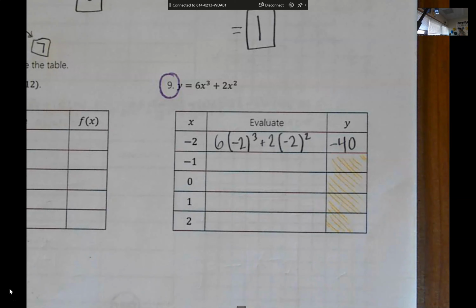Do we need like a minute? Do we need less than a minute?